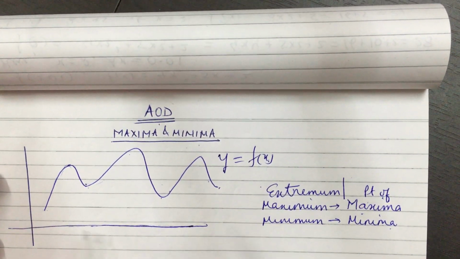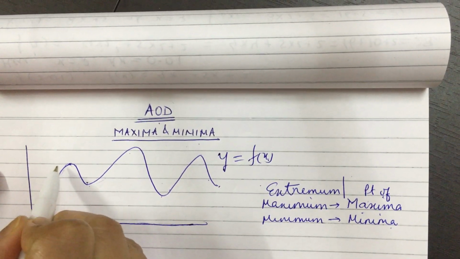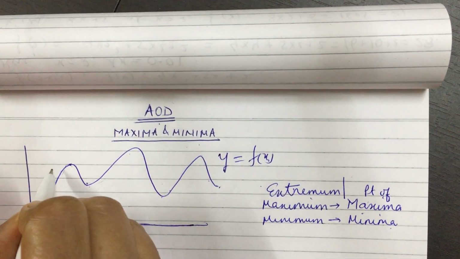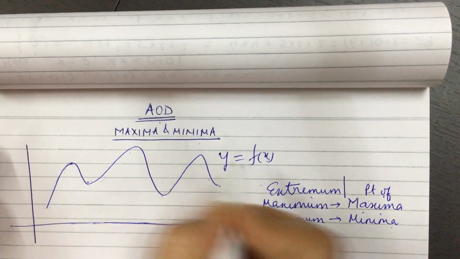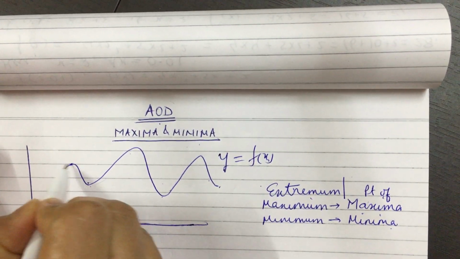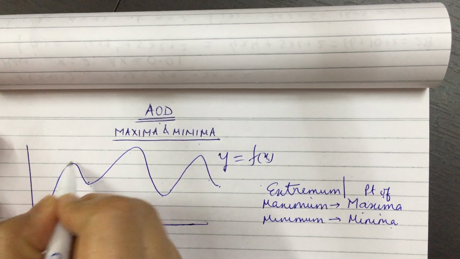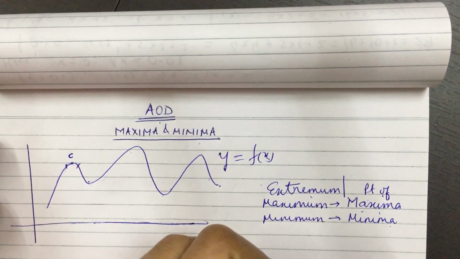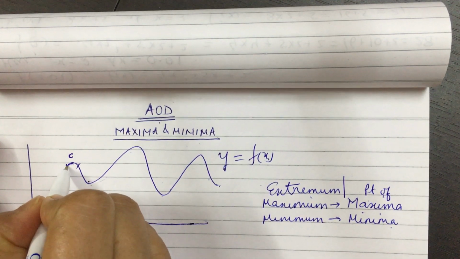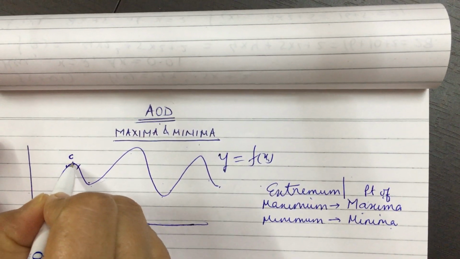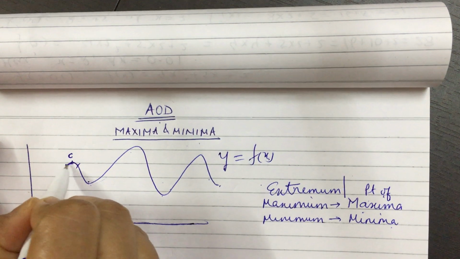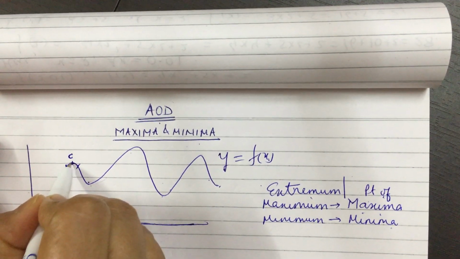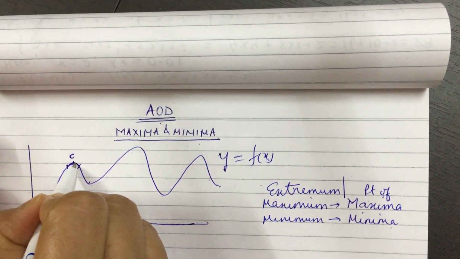If we observe carefully, suppose we are talking about a point having maximum value, at which the function has maximum value in some interval. Suppose we have a point C, where, as you can see, there is a point of maximum, like the value in its immediate neighborhood is maximum.